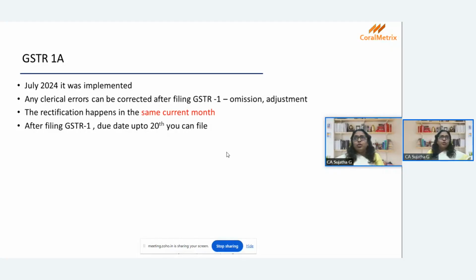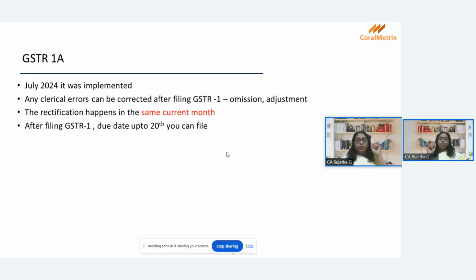You have to use GSTR1A only in case you have made any error which you notice after filing GSTR1. The due date for filing GSTR1 is 11th of every month. You can file even before that, on 7th, on 8th, whatever may be the date.